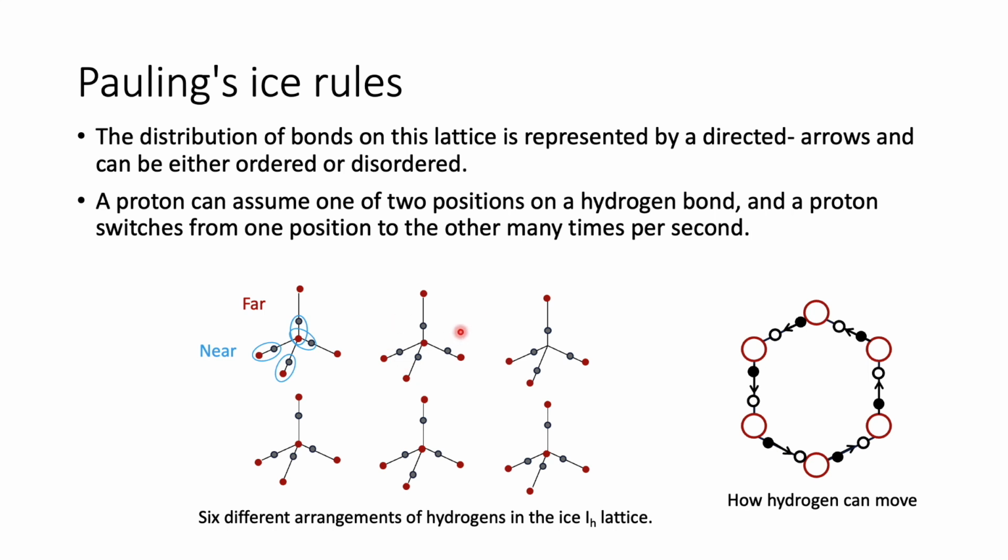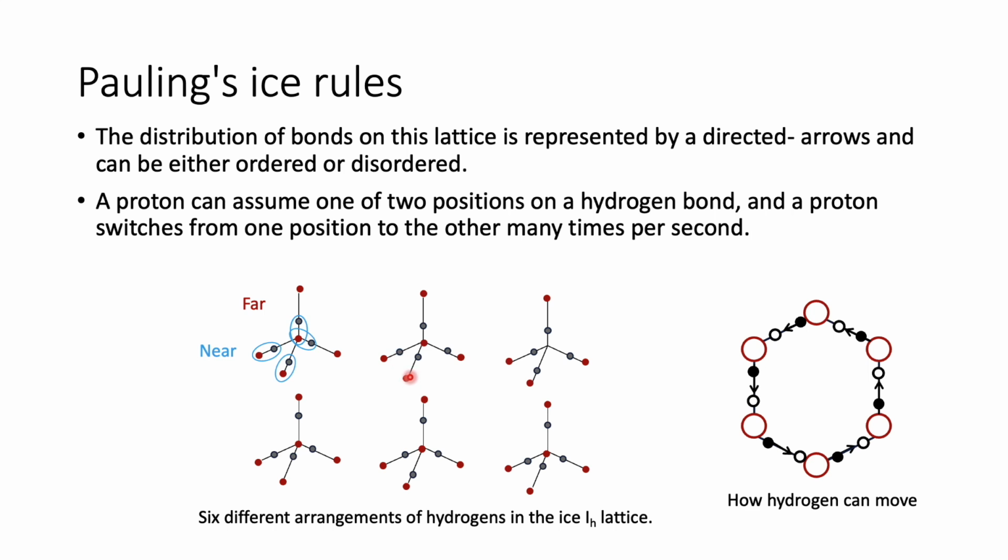But when we go to the second structure, we have this hydrogen atom which is far from the terminal oxygen, but close to the central oxygen atom. If we look at 1, 2, 3, there are now 3 hydrogen atoms close to the central oxygen, whereas one hydrogen is far from that oxygen.